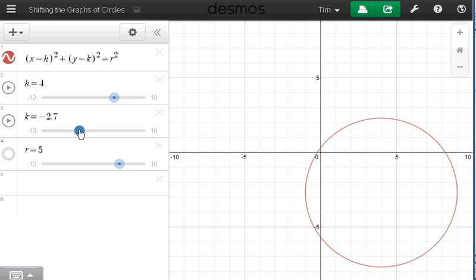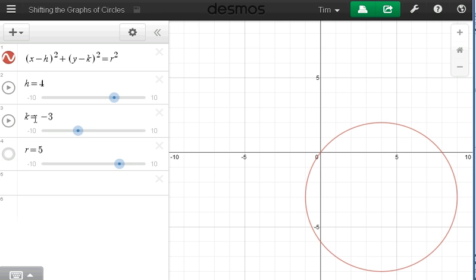So here we have a graph with a k value of negative 3. The center of this circle is at 4 comma negative 3, right? 1, 2, 3, 4, negative 1, 2, 3. There's the center of the circle.